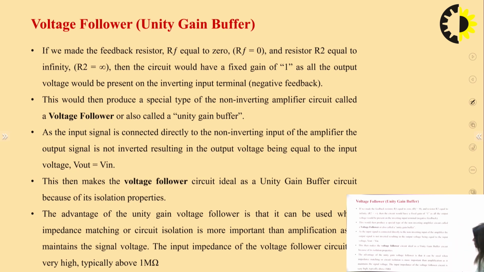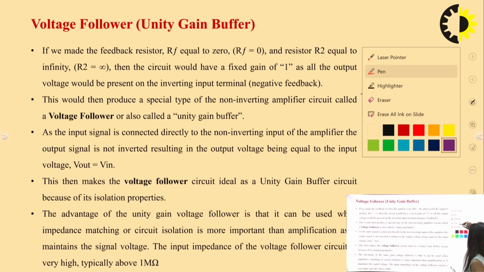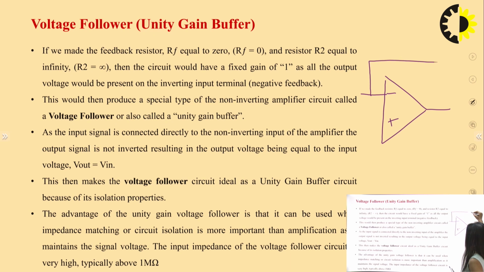I have one op-amp circuit, and I am connecting this terminal to the output directly, without using any resistance. See, R is 0 here. It is a short circuit condition. And the input is given at the positive terminal.